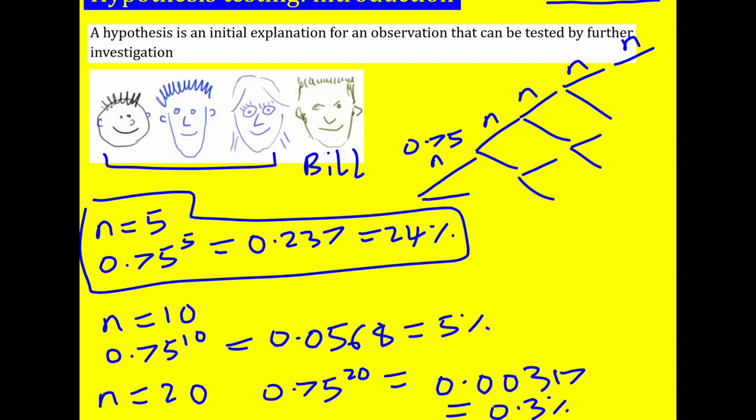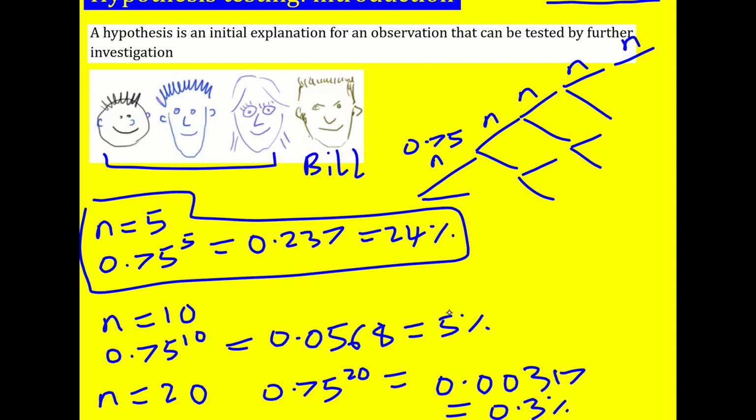So they've got a hypothesis, they've decided how many tries, and then they might say, well, if there's a less than 5% chance of it happening, then we're going to say that we definitely accept our hypothesis that he is cheating.